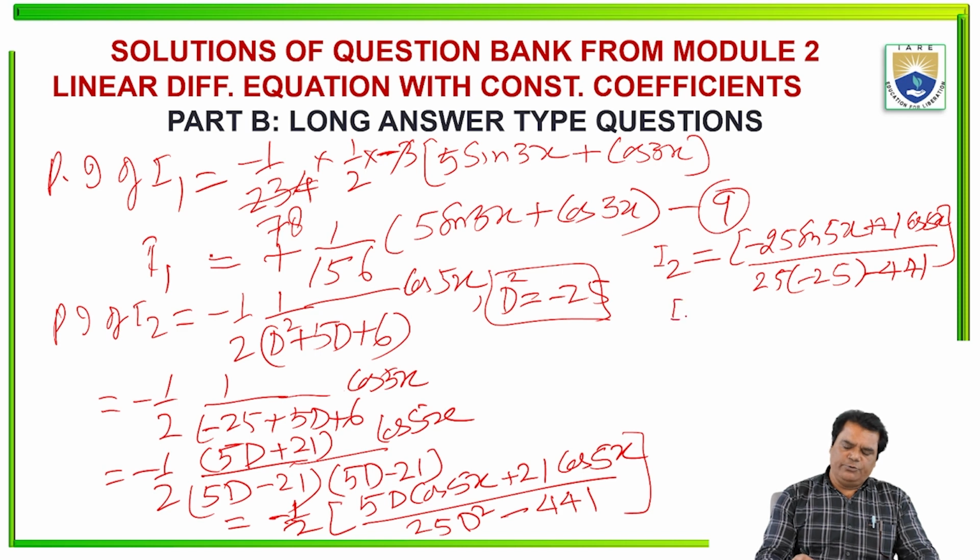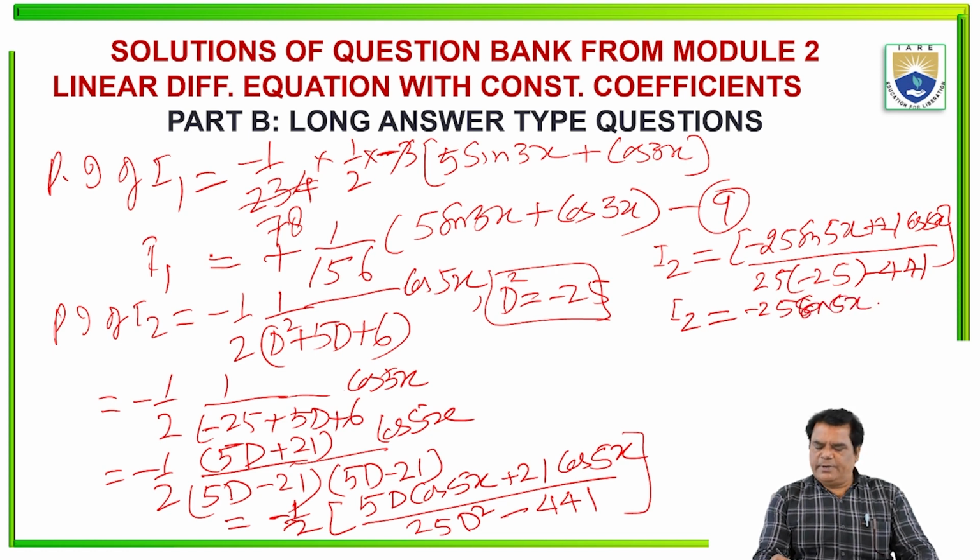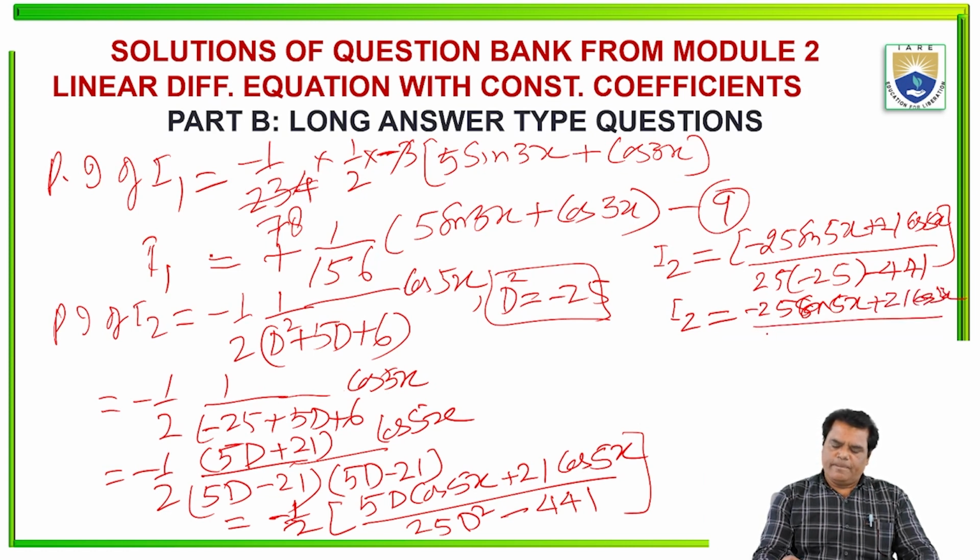Okay, so I2 is equal to minus 25 sin 5x plus 21 cos 5x, and upon minus 625 minus 441. Okay, so this is I2.